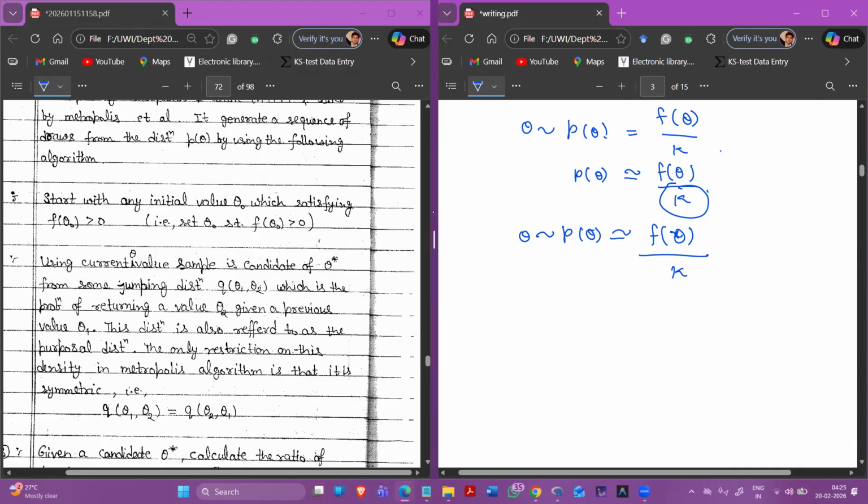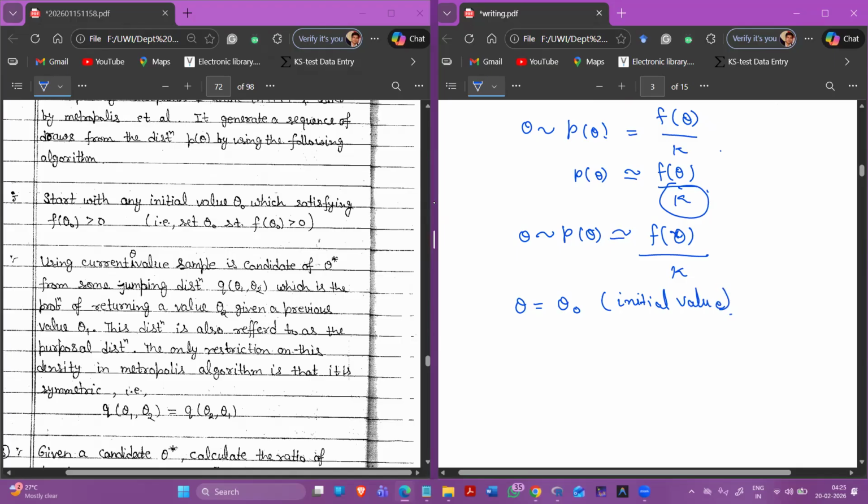So what I need to do in the Metropolis algorithm is, I just give one value of theta, that is theta naught, which I will call the initial value.